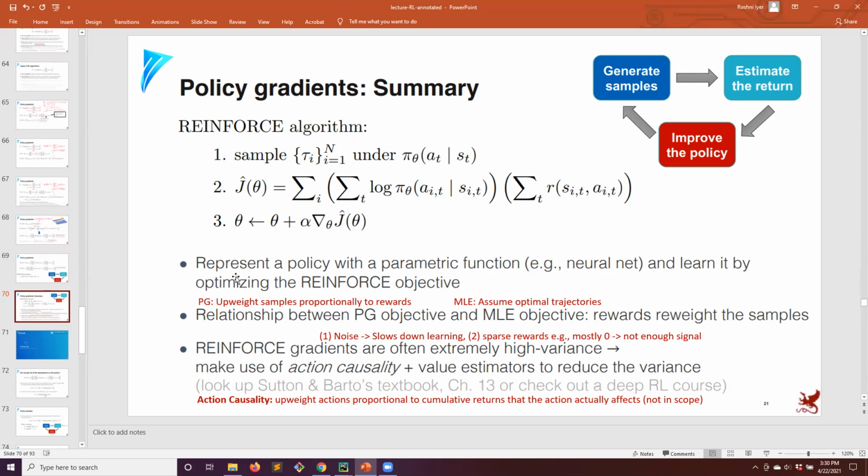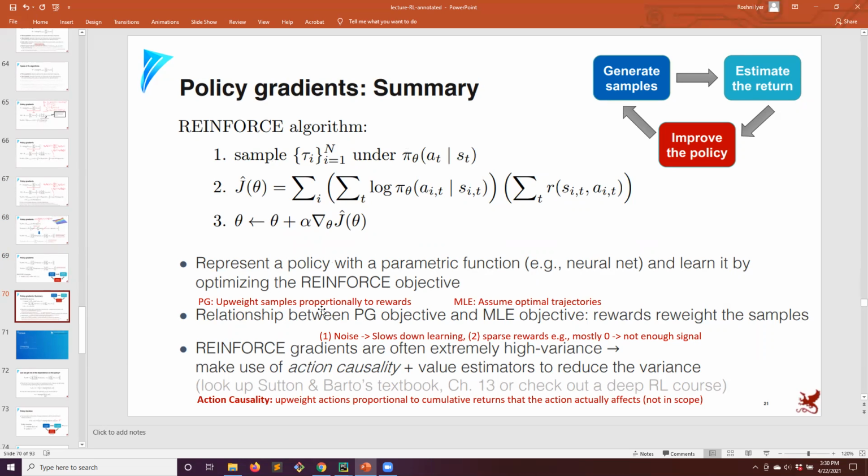And here's the idea. First, we are representing this policy with a parametric function, and that's how we're introducing these thetas, and then we are learning it by optimizing this REINFORCE objective, which is step 2.